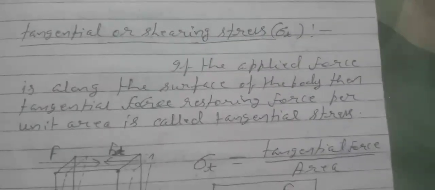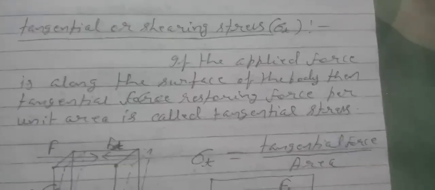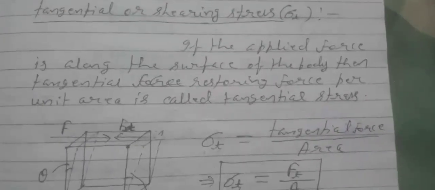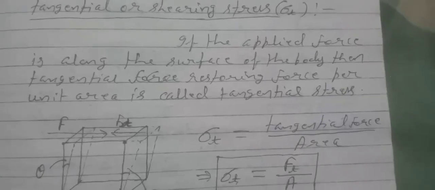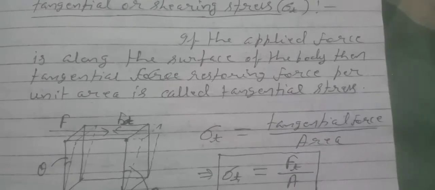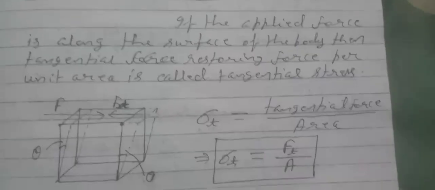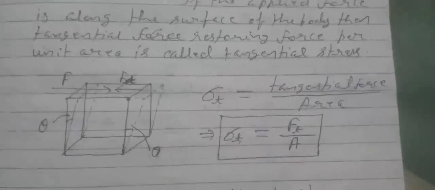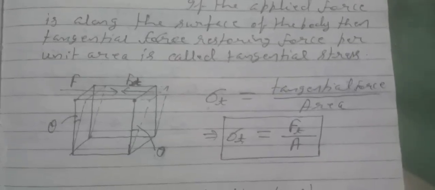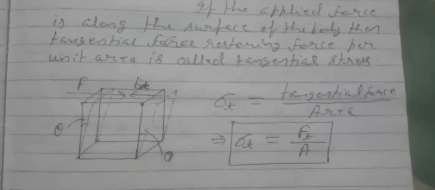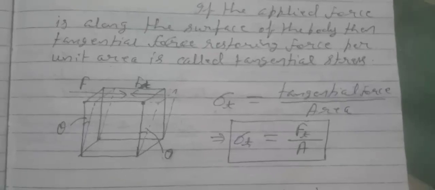Now tangential or shearing stress, sigma t. If the applied force is along the surface of the body, then tangential restoring force per unit area is called tangential stress. As shown in the figure, a force is applied parallel to the surface.